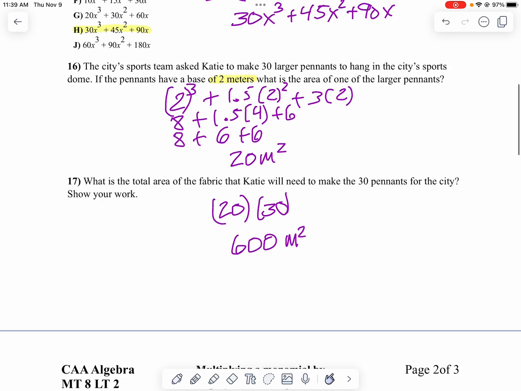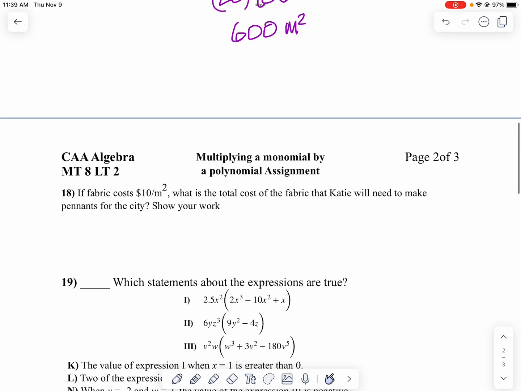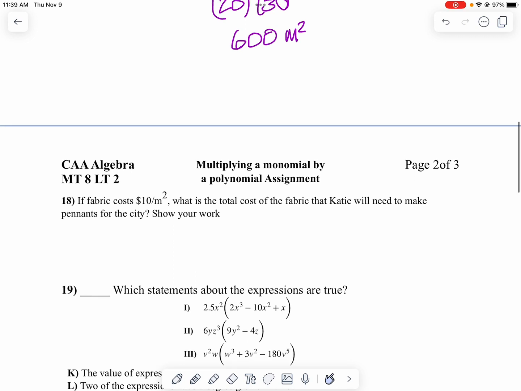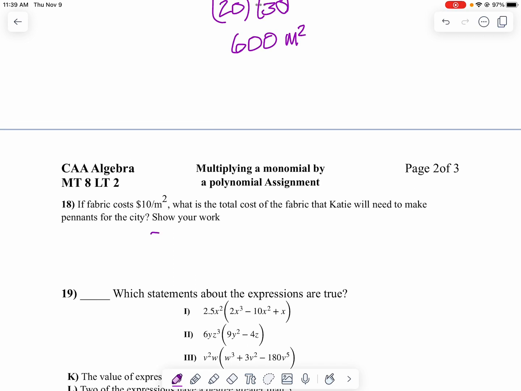I think I'm going to do number 18 because that goes with this first problem. So if the fabric costs $10 for every square meter, what's the total cost of fabric she's going to need for the pennant? So we're going to take 600 square meters. Multiply that by $10 for every square meter.